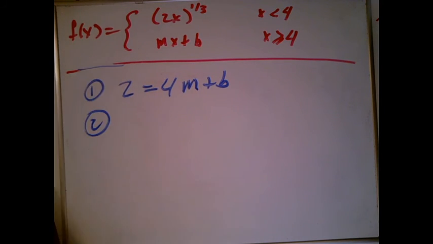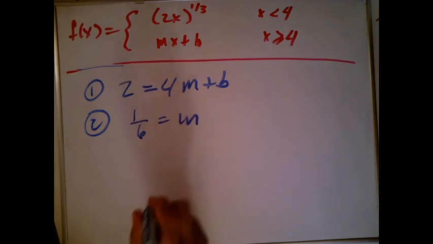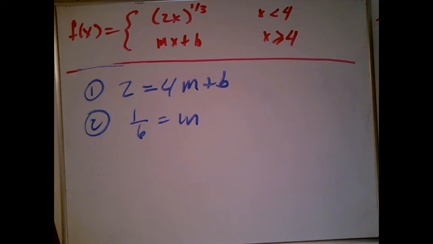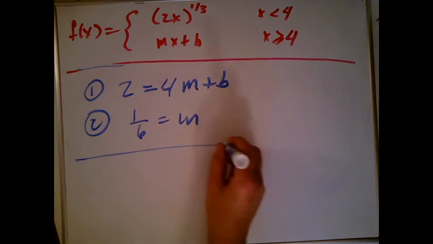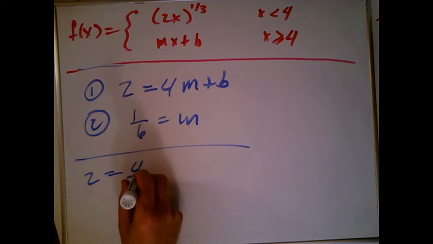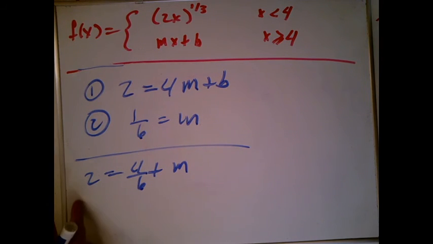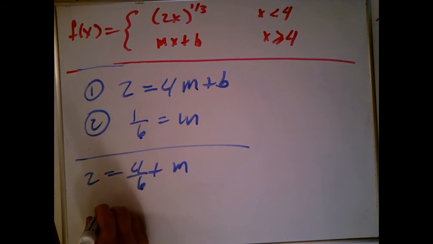The second part we got from the left-hand slope being the right-hand slope, and we got 1/6 equals m. Now, these are two equations, two unknowns. I can certainly put 1/6 in for m into the second equation. So I get 2 equals 4/6 plus b. 2 is 6/3. 6/3 minus 2/3 is 4/3. So I'm thinking that's right.